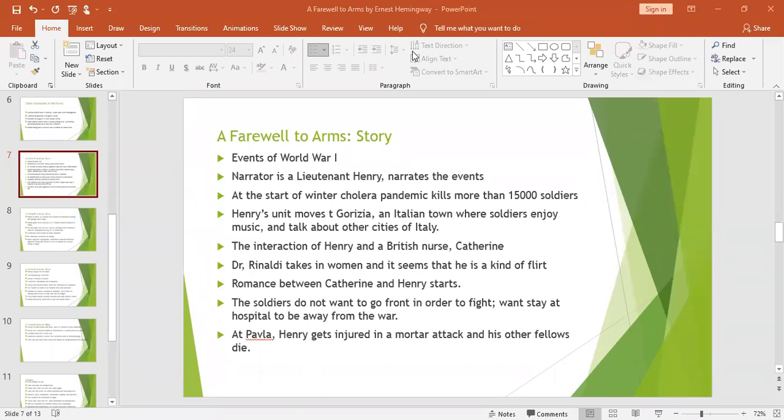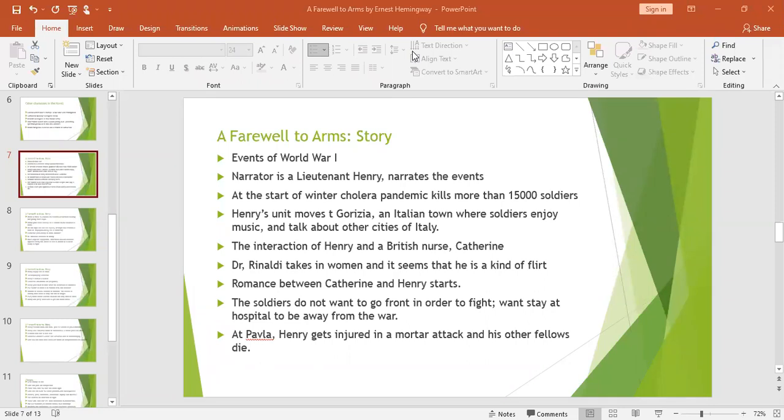The soldiers do not want to go to the front in order to fight; they want to stay at the hospital to be away from the war. They are reluctant to fight. As we know, this is the fact, and they pretend to be sick, and then they want to stay at the hospital, because the hospital is a safe place where they don't die.